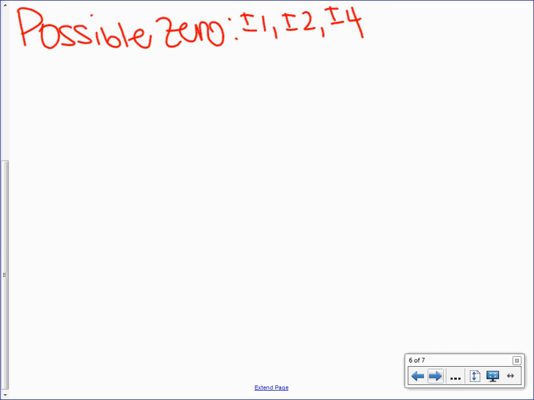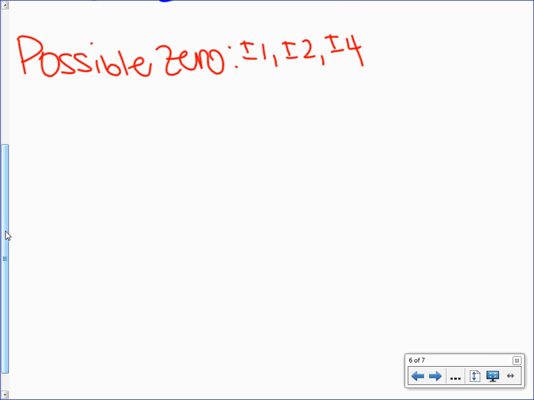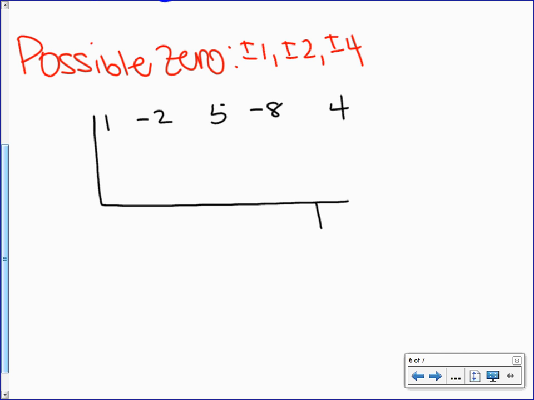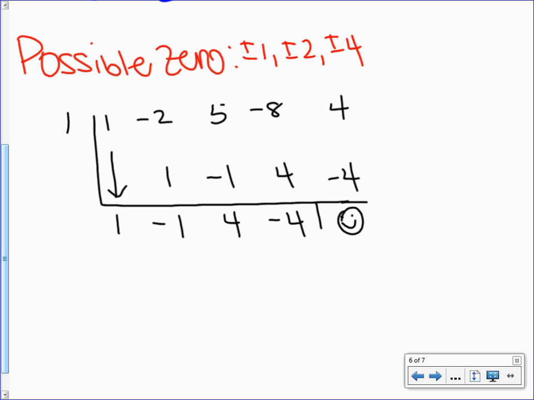So, we have 1, negative 2, 5, negative 8, 4. What do you want to try? 1. So drop down the 1, multiply, add, multiply, add, multiply, add. Look at that, guys. We found a 0.